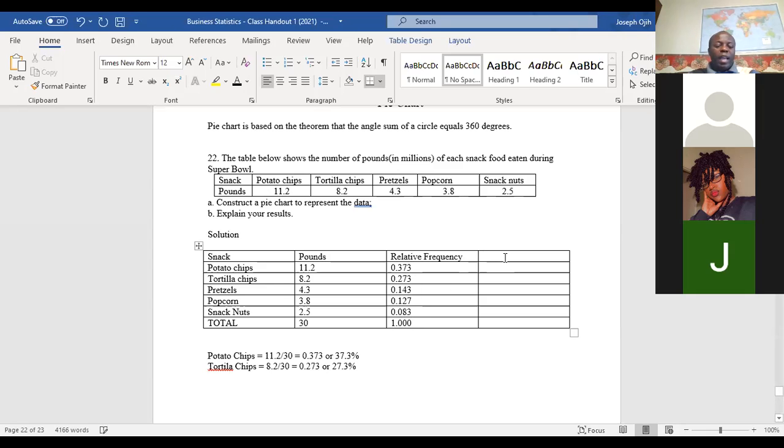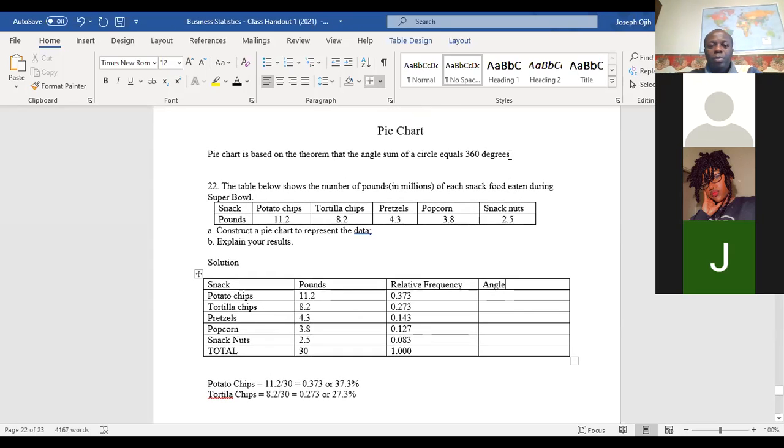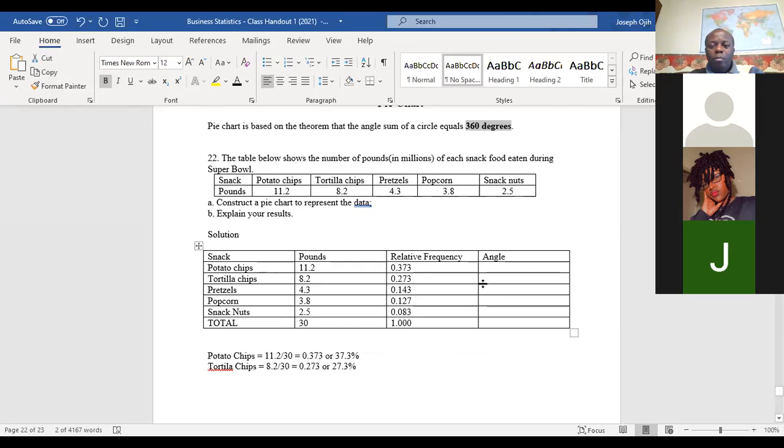Now, let us get the angle measure. Remember, it is based on the principle that the angle sum of a circle is 360 degrees if you add all of them. So to get the angle, multiply each relative frequency by 360 degrees.